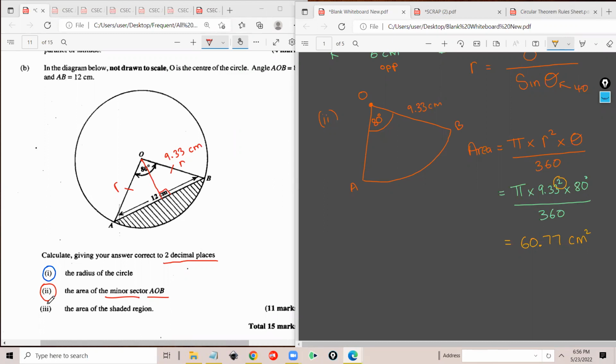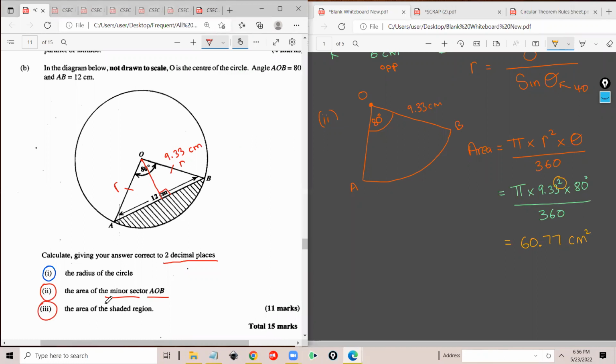All right. So for part 3 now, we want to find the area of the shaded region. Now, we know the area of the whole sector, and if we find the area of the triangle and minus it from the sector, you will be left with the shaded region, which is what they want you to find.